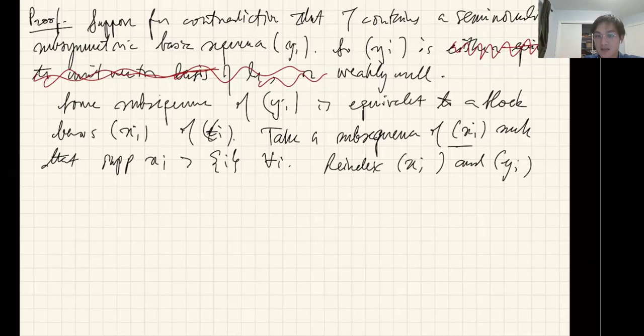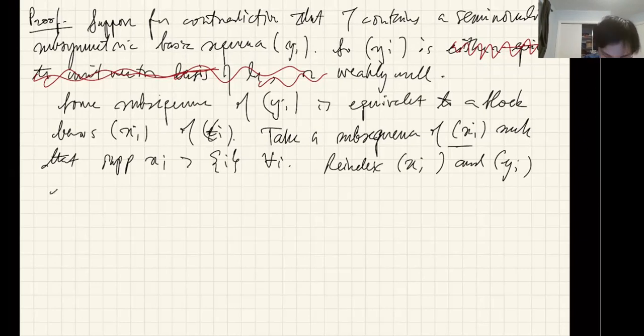So yi had some subsequence that's equivalent to a block basis, and we took a subsequence of that so that the support is all nice, and we reindex yi to that subsequence. Now remember, yi is a subsymmetric basic sequence, so we're taking a subsequence, but it's still equivalent. So it's almost as if we're working with yi itself.